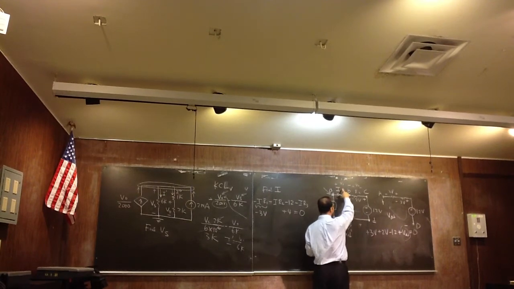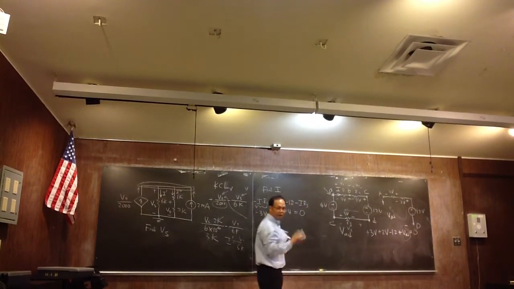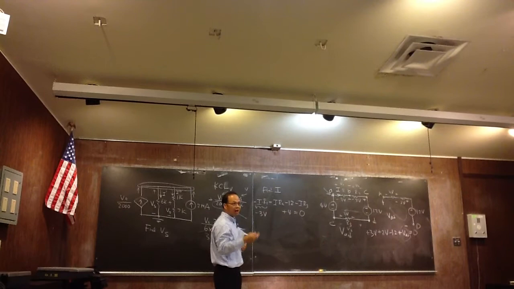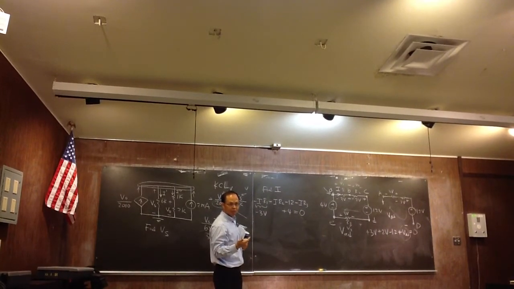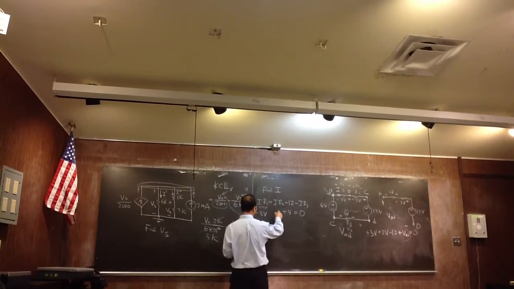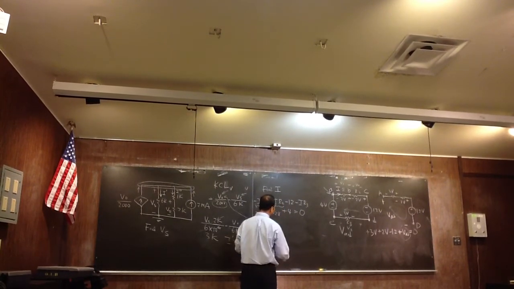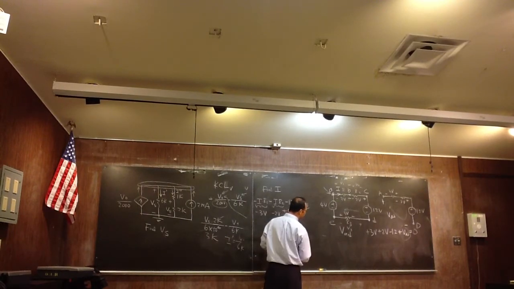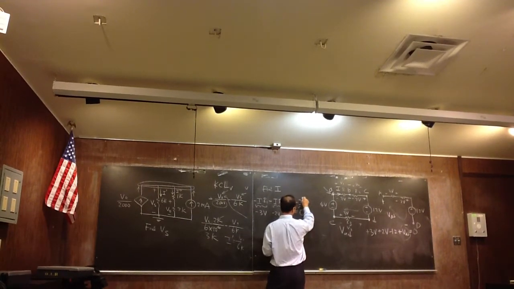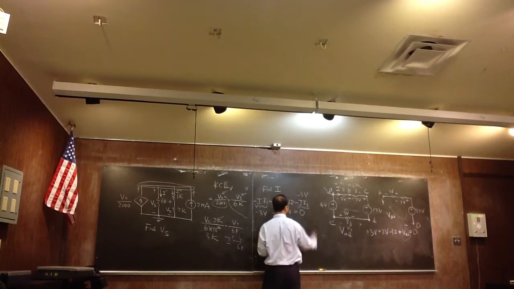So therefore VUY is equal to minus 3 volts because the polarities are opposite each other. And the second one is minus 2 volts. The first one is minus 3 volts.